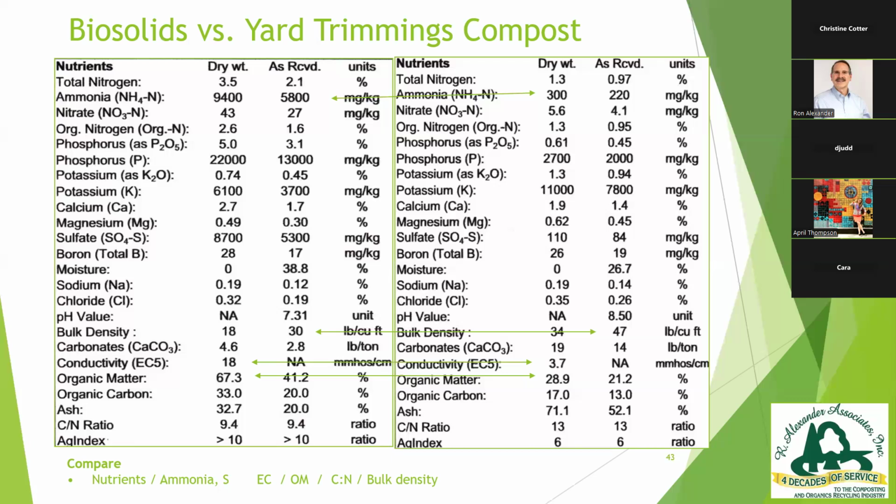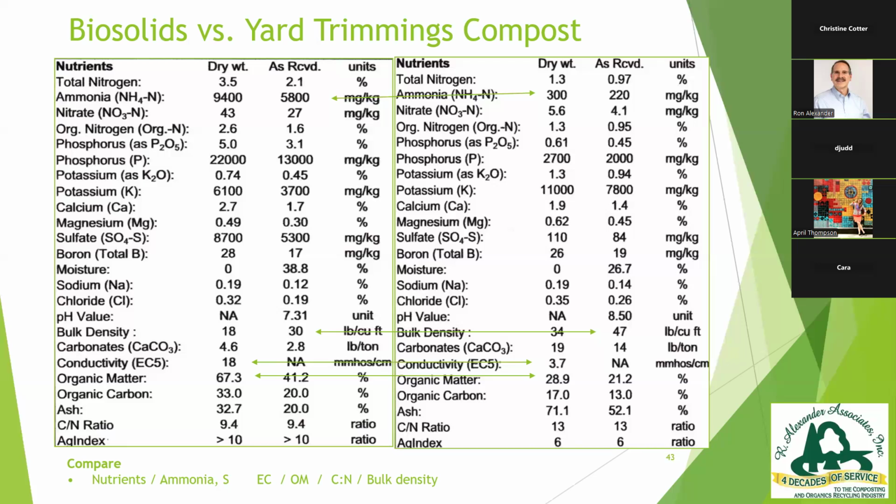And sometimes it affects the pH, just like it did in that Bloom data I was showing you. Notice over here too, the two different composts. The one on the left is 30 pounds per cubic foot versus the yard trimmings compost. That one is just heavier. It just means less material can fit in a truck.